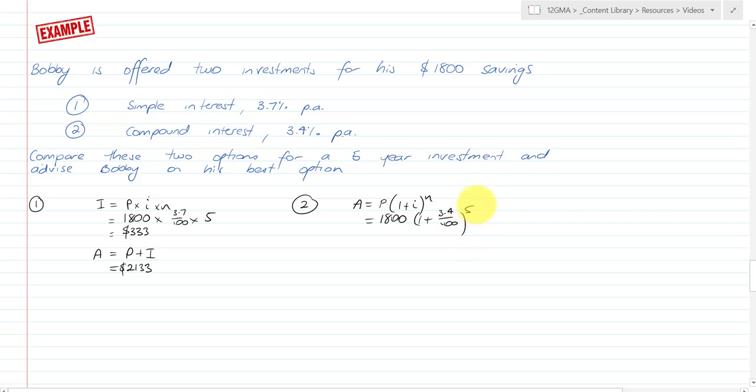And I'll just quickly work that out. And that's equal to $2,127.53. And so option 1 is slightly bigger than option 2. But option 2 will definitely be catching up to option 1. So you'll see that link up happen. All the best.